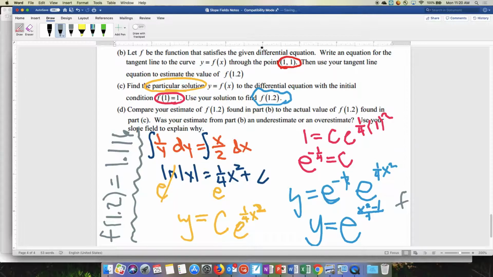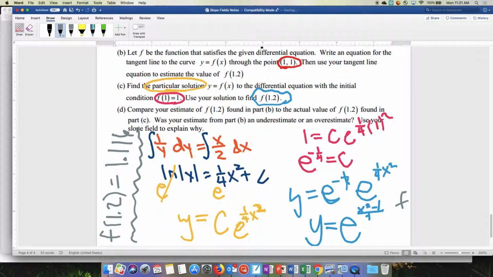Well, we know which one is bigger, which one is smaller, but we wouldn't actually have to have the value of f of 1.2 to know. Okay? If we compare B and C, we estimated f of 1.2 to equal, was it 1.1? And here, f of 1.2 is actually 1.116.